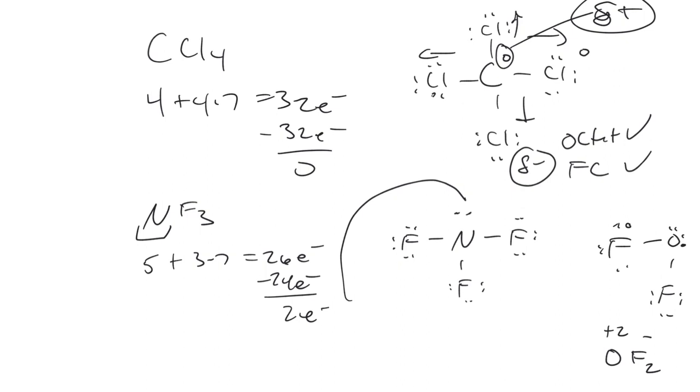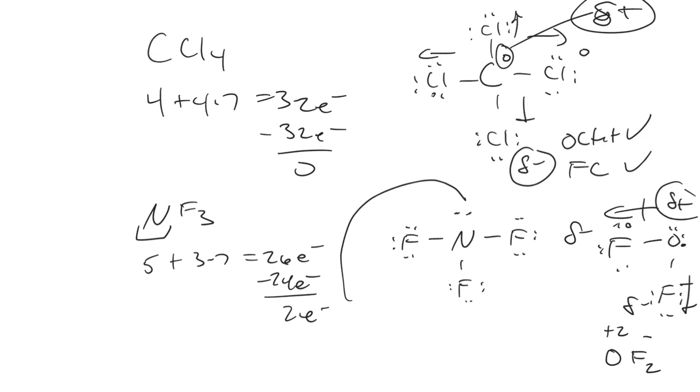Which one's more electronegative? Fluorine's more electronegative, so it's going to be pulling those bonding pair electrons closer towards itself, going partial negative, and oxygen going partial positive. So you can see the oxidation rule was really foreshadowing electronegativity trends: fluorine's more electronegative, it's going to go negative, oxygen's less electronegative, will go positive.